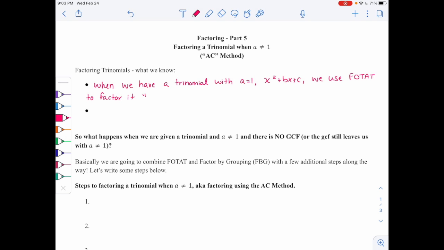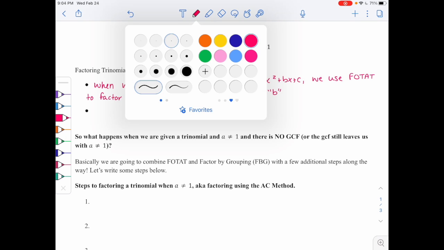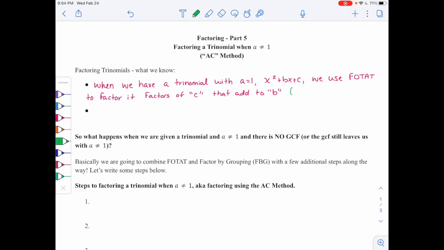Right, so that stands for factors of our C term, or our constant, that add to, that's the TAT, the middle term B. And then we also know that sometimes we have to factor a GCF out to get to this point.